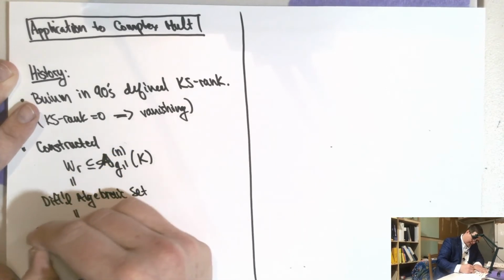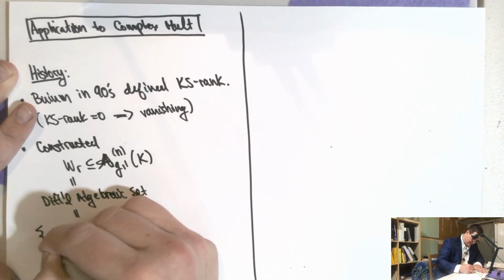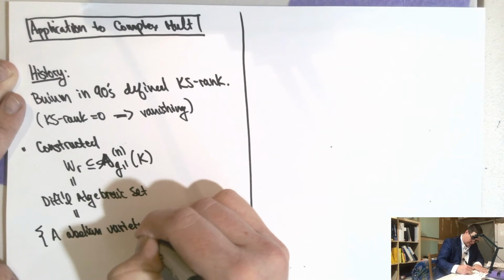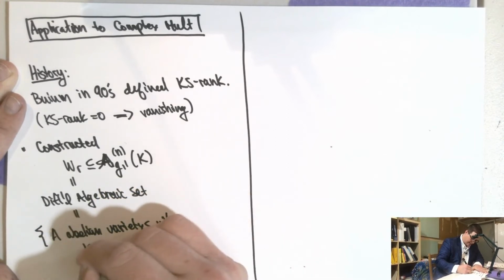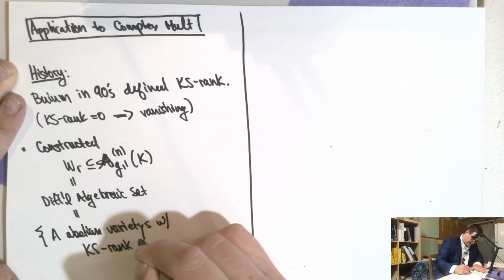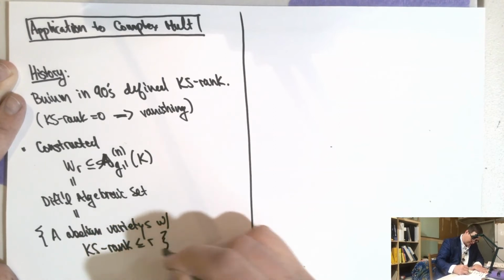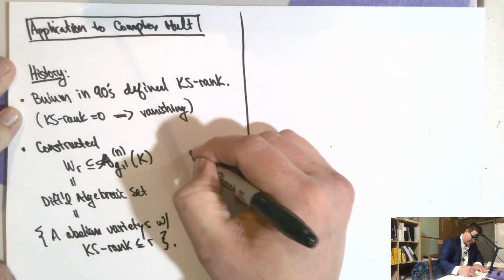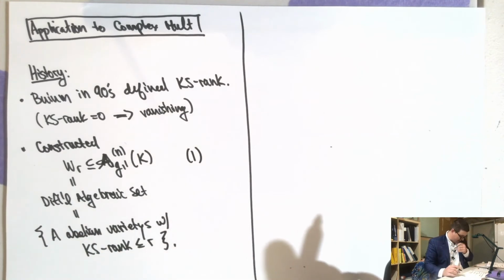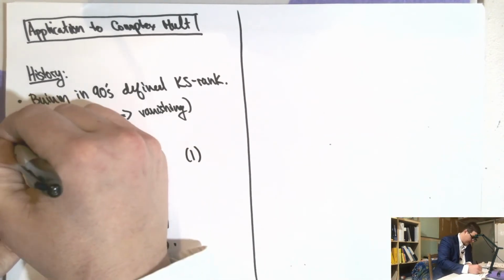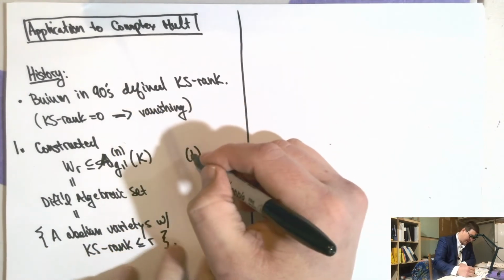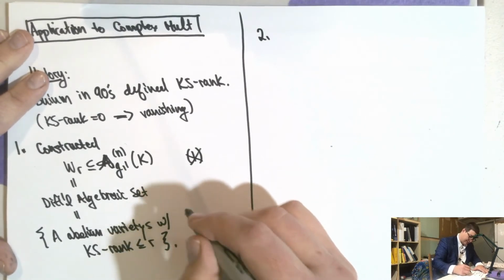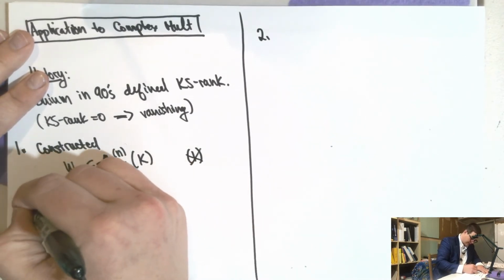This is equal to the set of abelian varieties with Kodaira-Spencer rank less than or equal to r. Okay, so this is the first thing he showed. He showed this, and then the second thing he showed was that these are delta closed. So these are closed in the Kolchin topology.